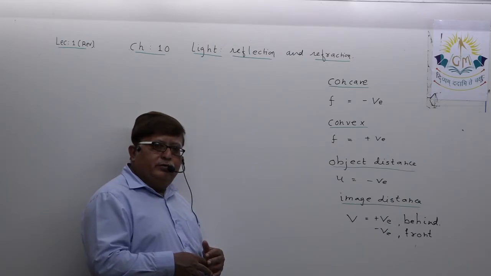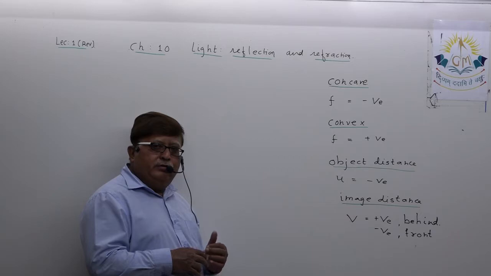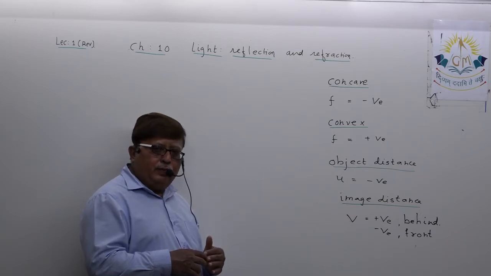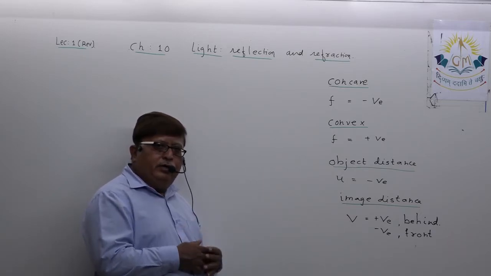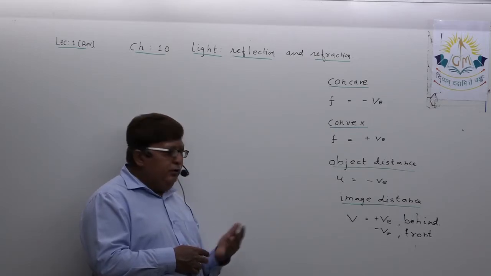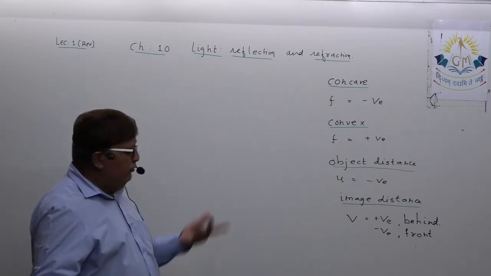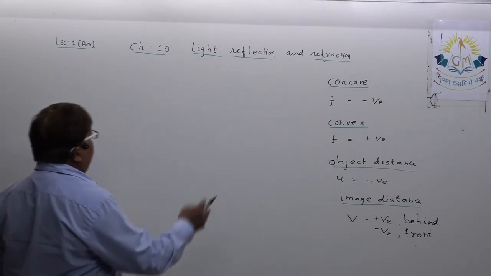Object distance is always taken negative. If image distance is positive, then the image is formed behind the mirror. If image distance is negative, the image is formed in front of the mirror. Suppose, dear student, I design an MCQ in this way.